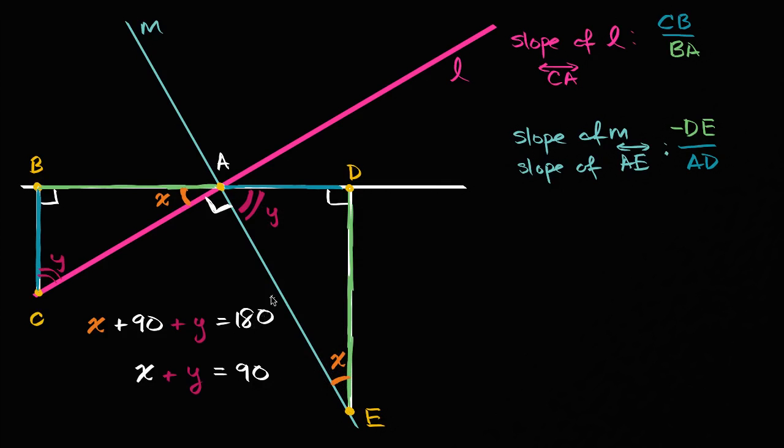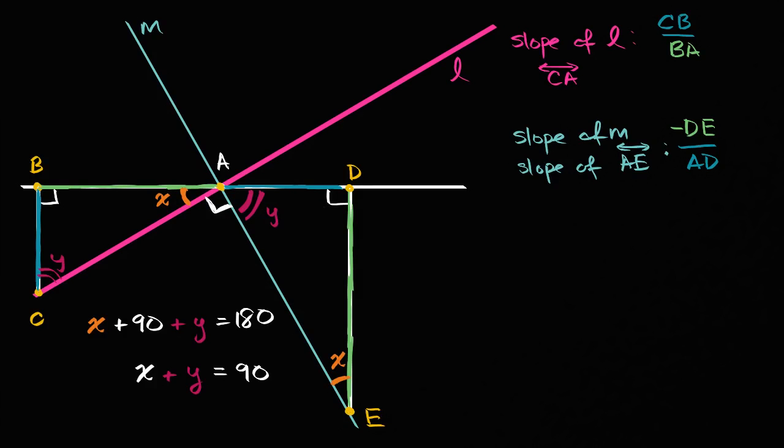And so notice, we have now established that triangle ABC and triangle EDA, all of their corresponding interior angles are the same, or that the three different angle measures all correspond to each other. They both have an angle of measure x, they both have an angle of measure y, and they're both right triangles.